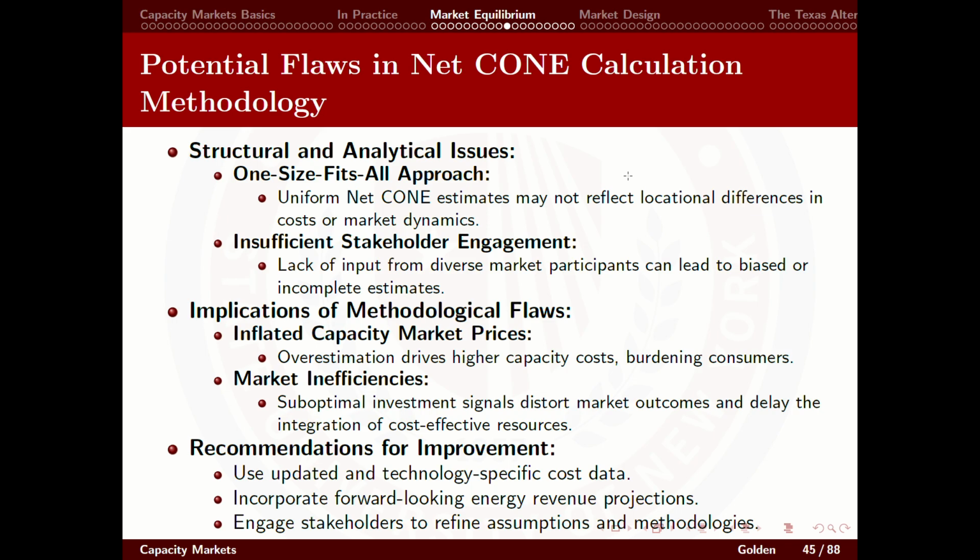This has been criticized for the one-size-fits-all approach. It may not reflect fully locational differences. NYISO is moving towards even smaller zones to incorporate the increasingly granular need for different capacity markets and capacity prices.